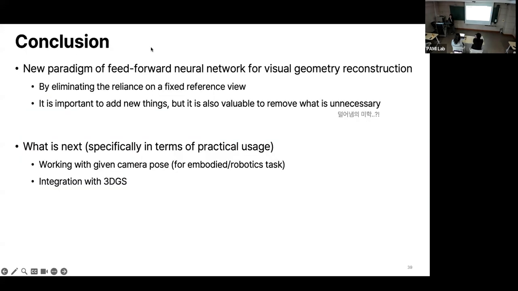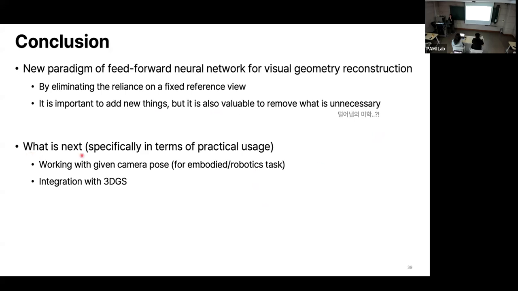So let's summarize. In conclusion, Pi cube suggests a new paradigm for visual geometry reconstruction. The key idea is that they eliminate the reliance on a fixed reference view. It is a really simple idea. I discussed with these students that it is important to add new things, but it is also better to remove what is unnecessary.